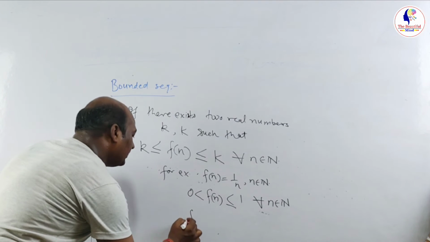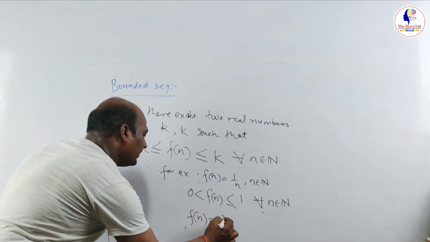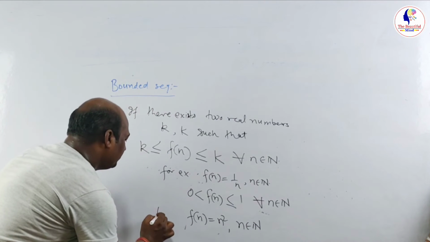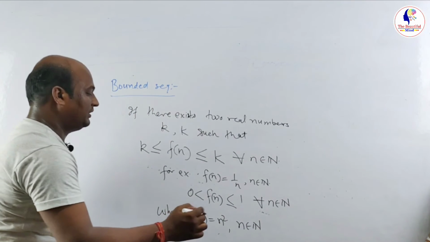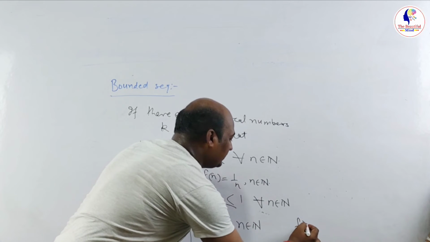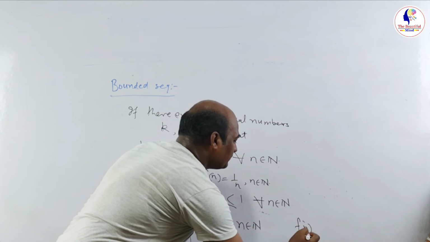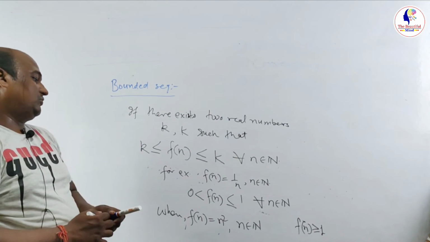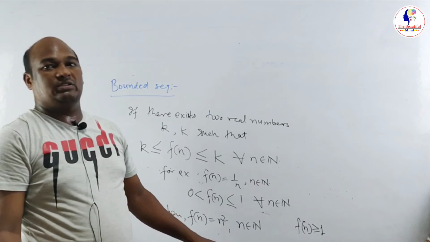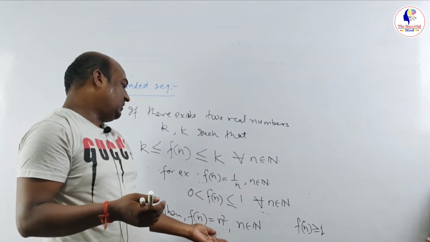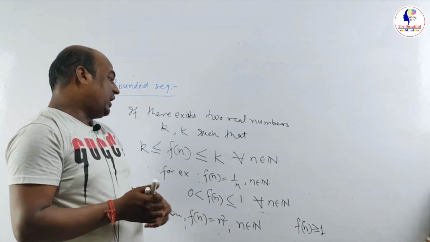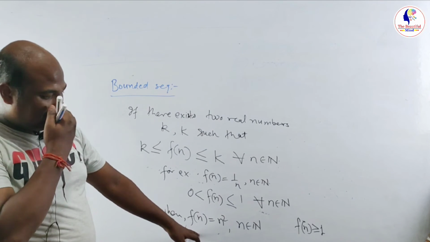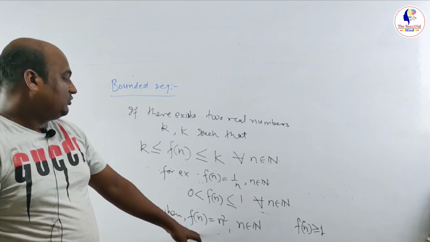But when fn is equal to n square for all n belongs to set of natural numbers, fn is greater than or equal to 1, but there is no upper bound. There is no real number by which every term of the sequence is less than, hence this sequence is not bounded.